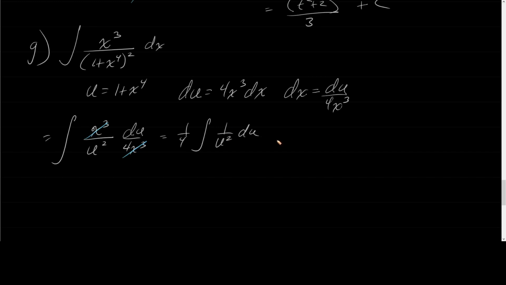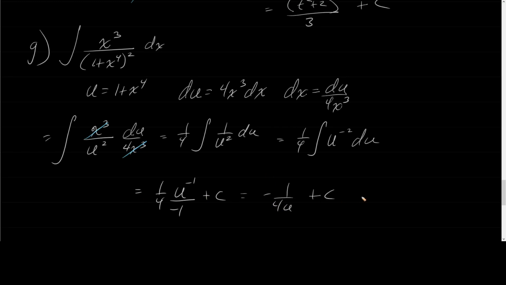We can rewrite that as 1/4 integral of u to the negative 2 du, giving us a quarter. We'll add 1 to the exponent, divide by the new exponent, plus c. We can rewrite this as negative 1 over 4u plus c, but the problem was not about u. So it was about 1 plus x to the fourth. So negative 1 over 4 times 1 plus x to the fourth plus c. Cool.